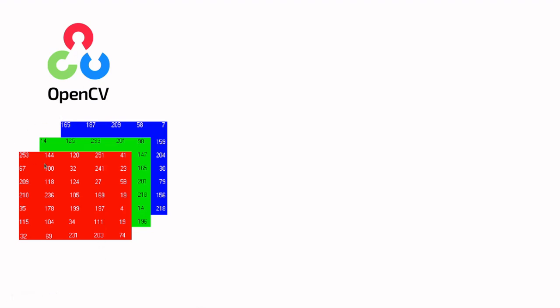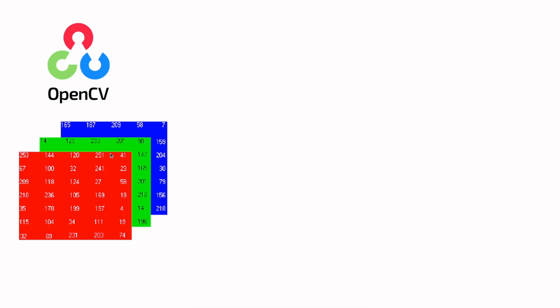an RGB image, so red, green, and blue channels, and each pixel you can consider as a point in your matrix that has values that go from 0 to 255 in red, from 0 to 255 in green, and from 0 to 255 in blue.